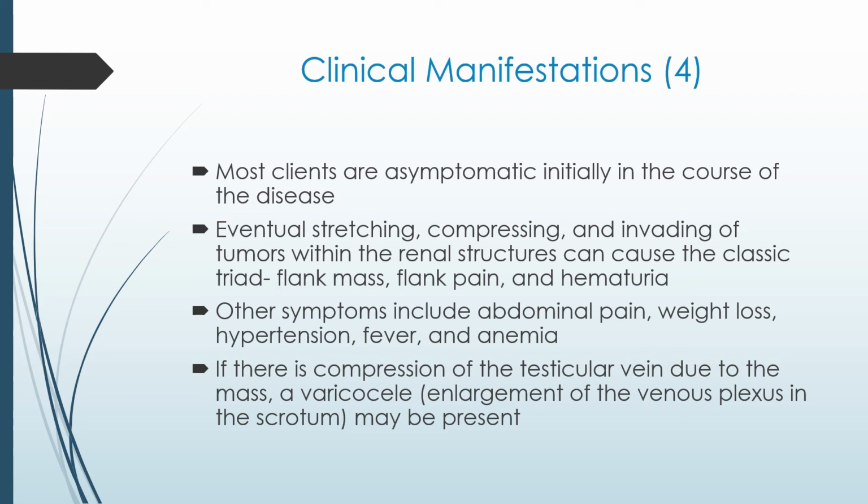So once the mass has begun on the flank, which will be on the kidney, they are going to develop flank pain, and then they will develop hematuria. So once your client has these three symptoms, they may have cancer.